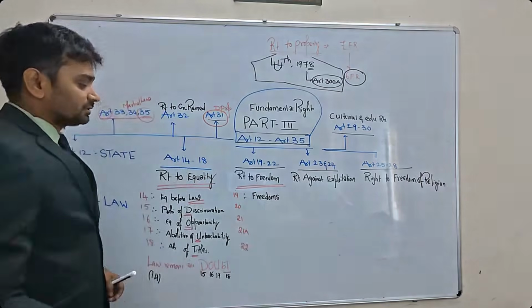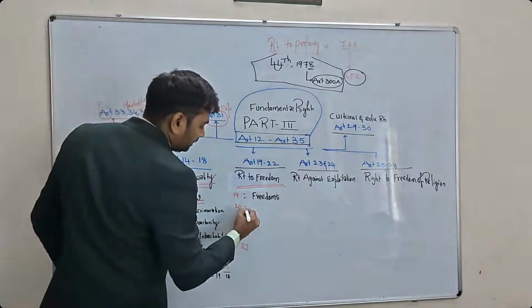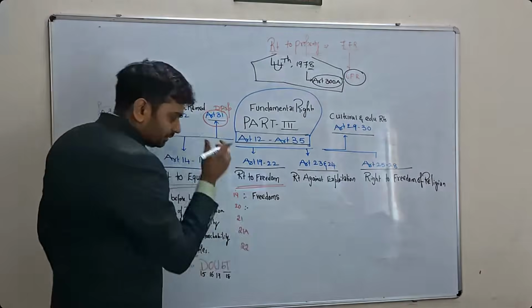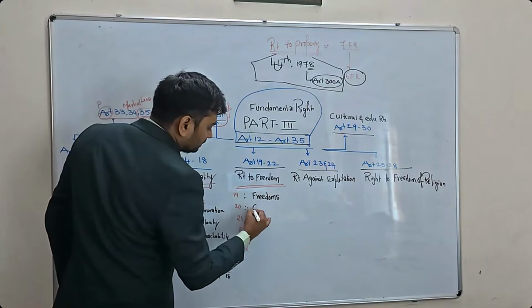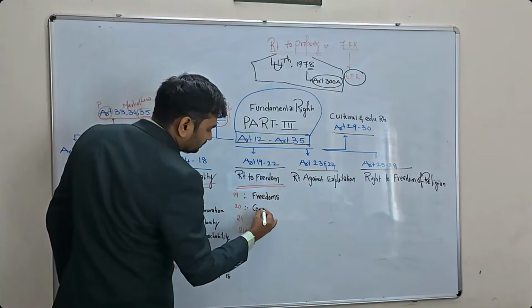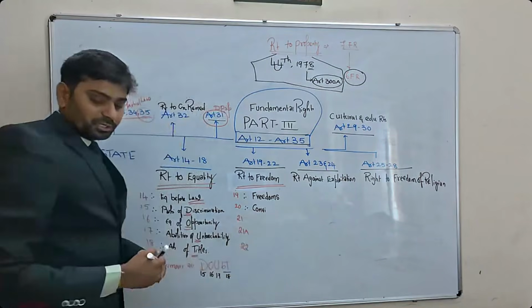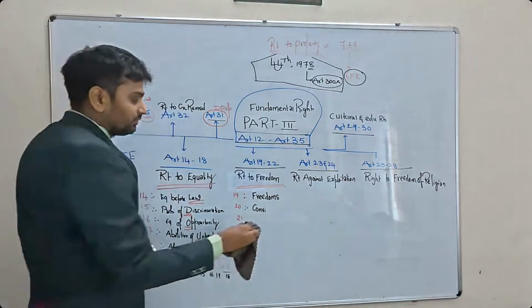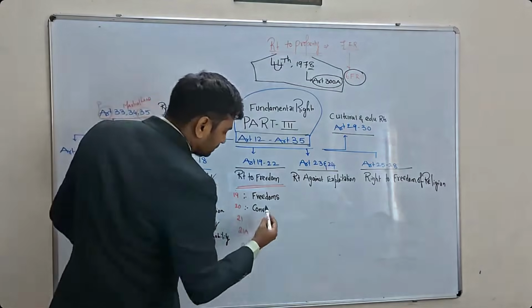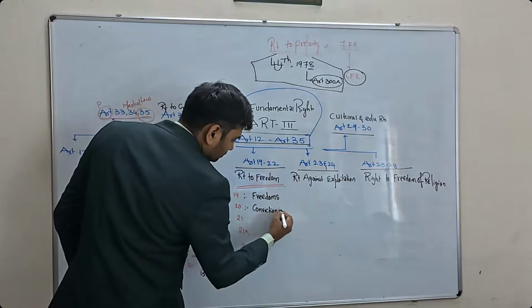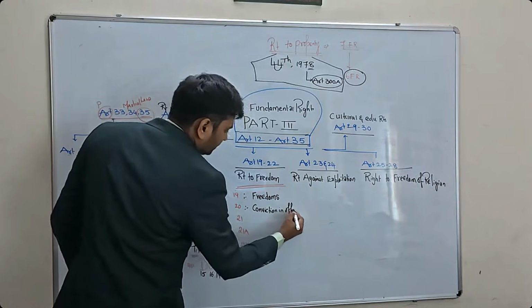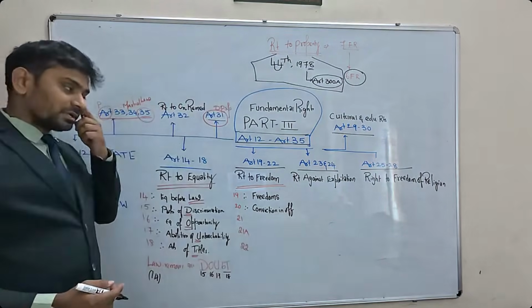Next, 20: protection against conviction in certain offences.